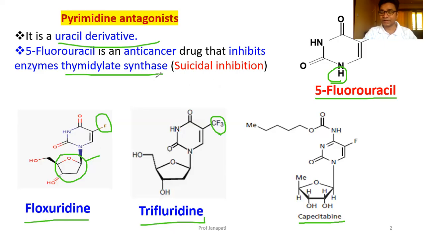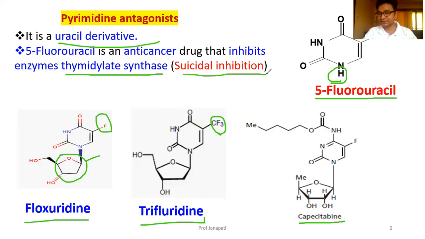When there is no N5-N10 methylene FH4, it cannot react with deoxyuridine monophosphate. So methotrexate is indirect, whereas uracil and all these drugs block thymidylate synthase directly. And especially 5-fluorouracil is a suicidal inhibitor.